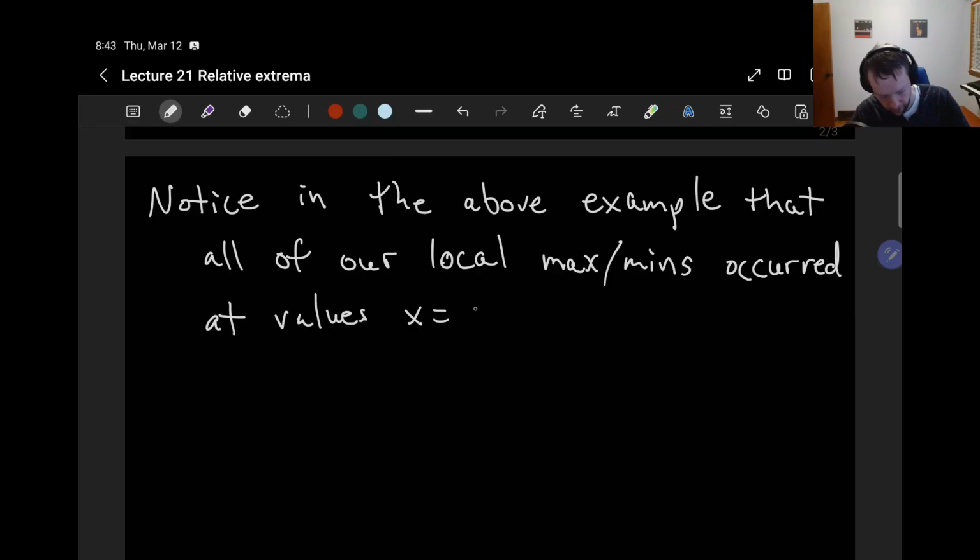So at certain x values, we'll call them C. And now I'm going to list some things, but this list may look familiar from the previous video.